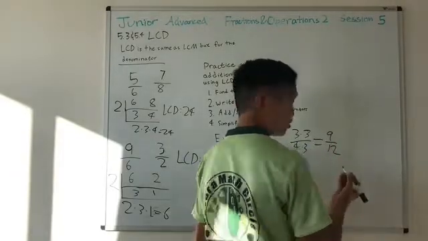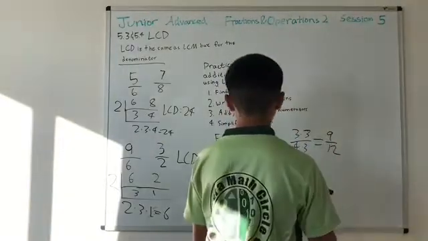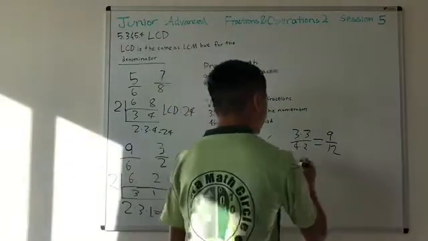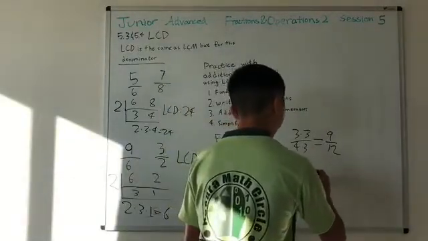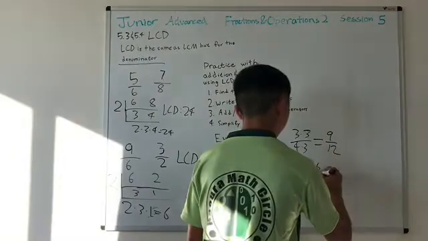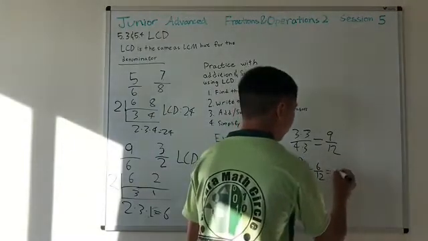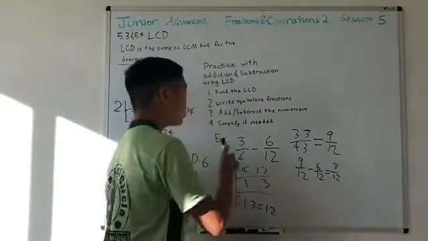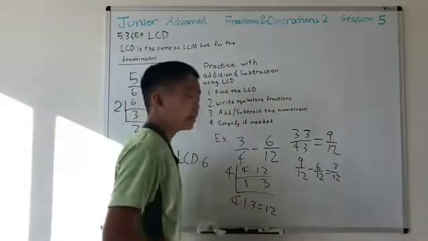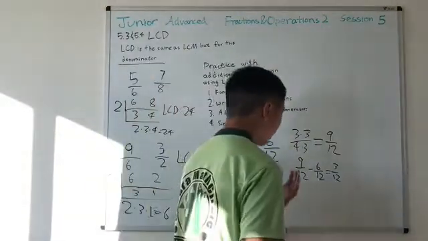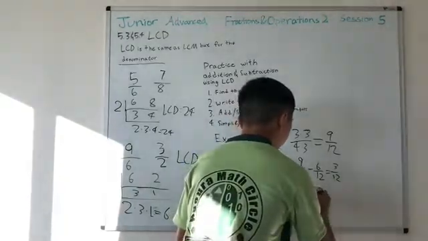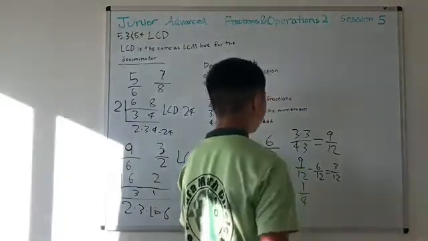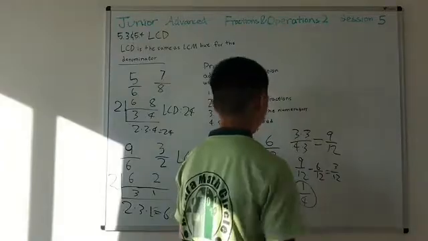So then we know that the equation for this, when we write equivalent fractions, is 9 over 12 minus 6 over 12, which equals 3 over 12. And using step 4, we can actually simplify this fraction to make it 1 over 4. So we know our answer to this problem is 1 over 4.